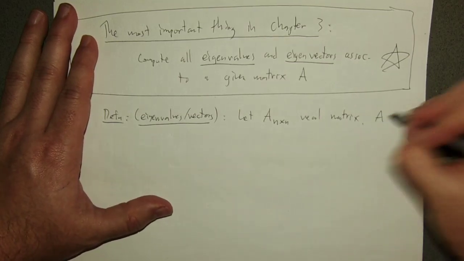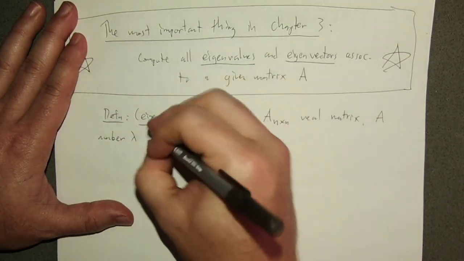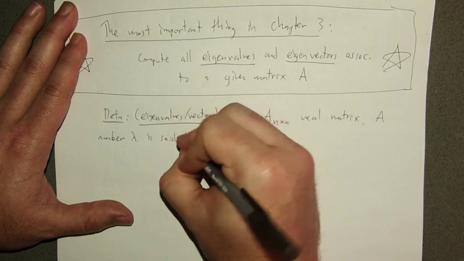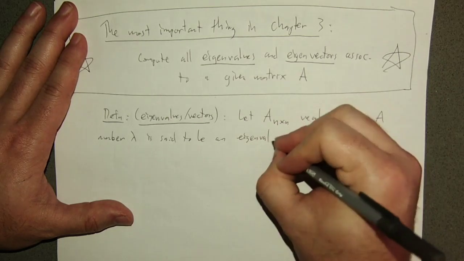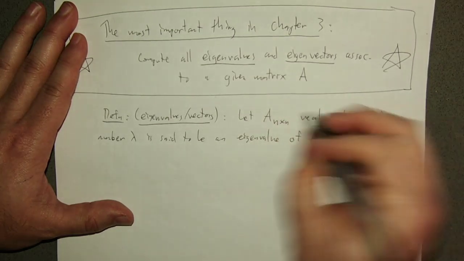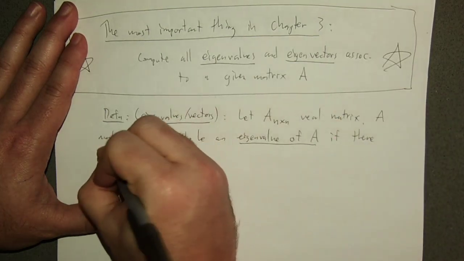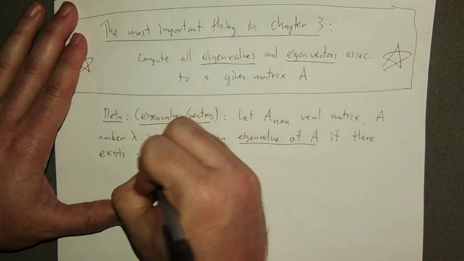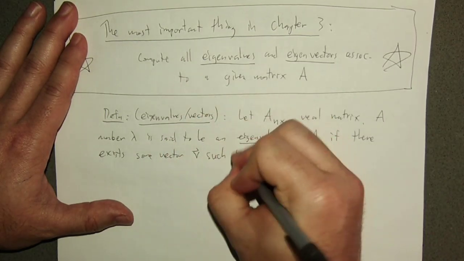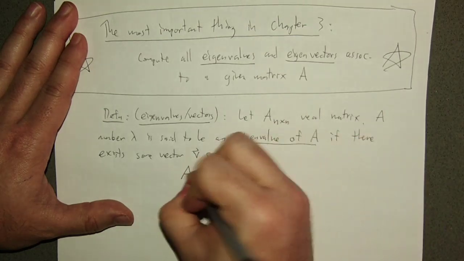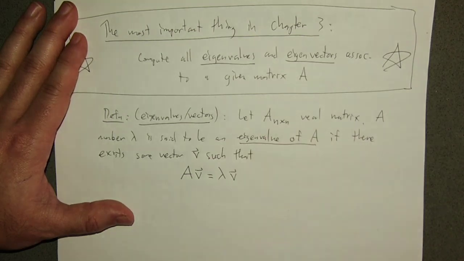So a number lambda is said to be an eigenvalue of A if there exists some vector v such that A times v is equal to lambda times v.